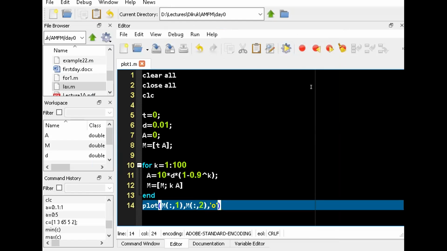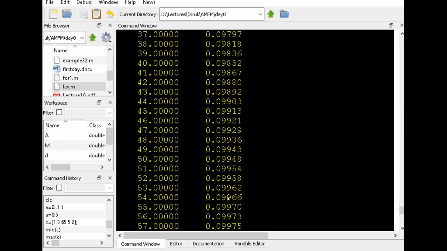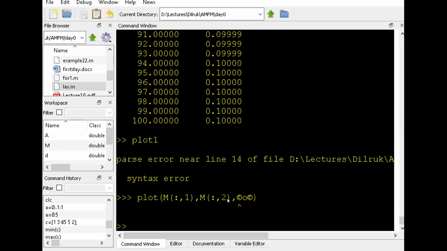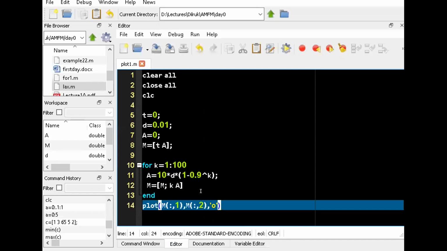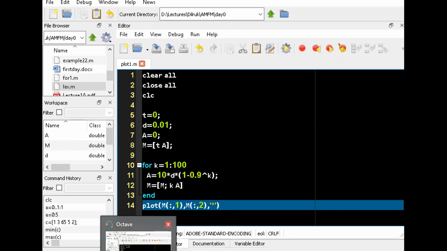Let's see whether it has changed. What is the style? I don't know how to use this asterisk more.